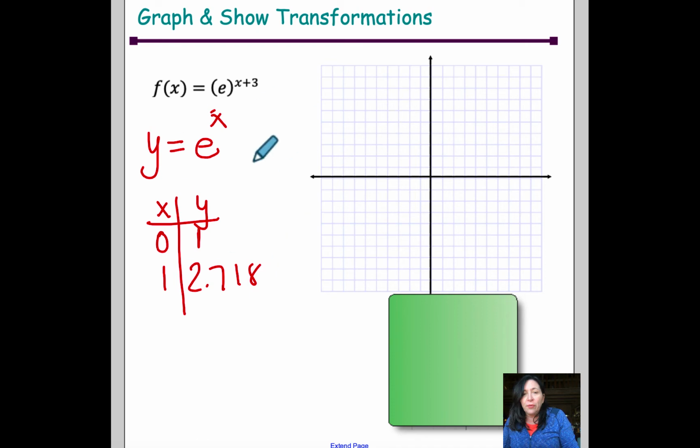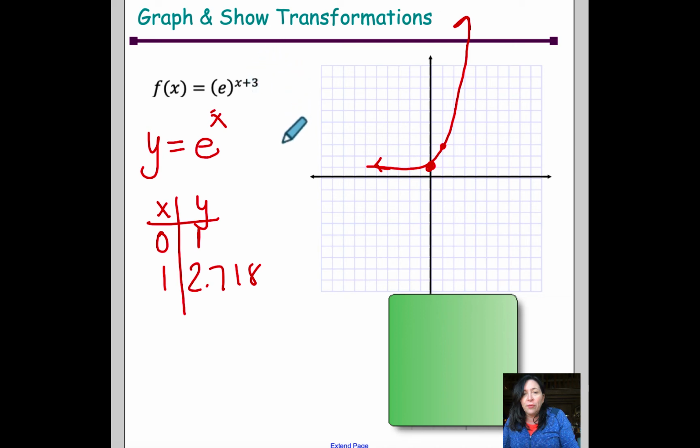Just graphing the parent function, 0, 1 and 1, 2.718, this is my exponential graph.